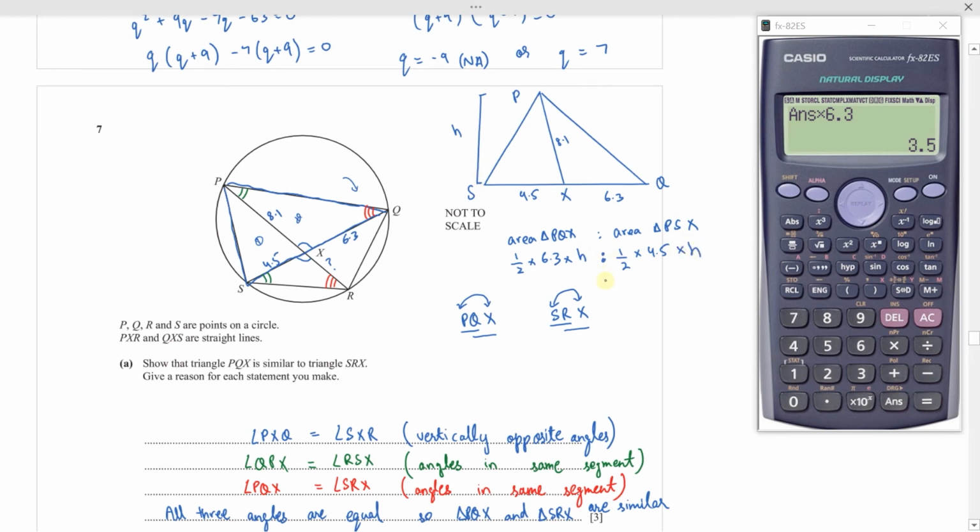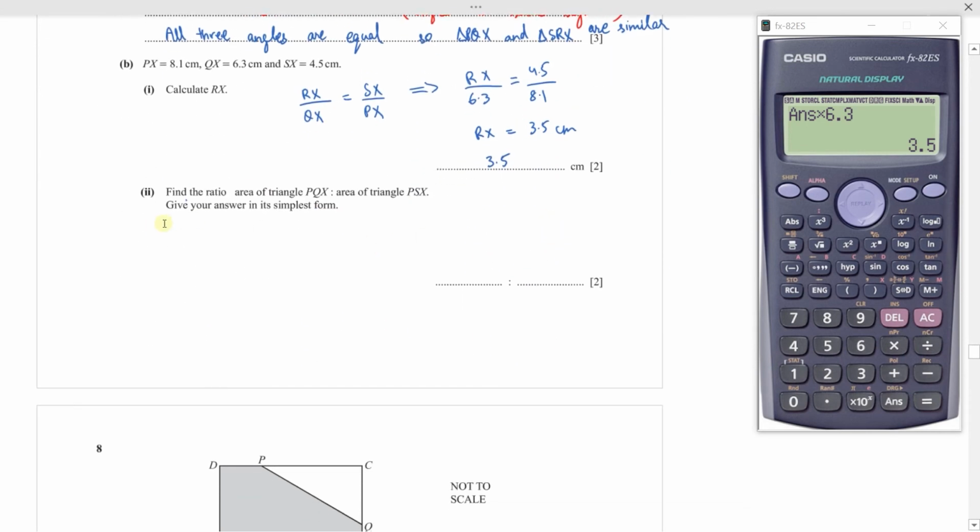So now we can simplify this. This is the ratio here. I can cancel this H out on both sides. I can also cancel 1 by 2 and 1 by 2. So I'm left with 6.3 ratio 4.5. Now I have to give the answer in simplest form, so I need to remove the decimals.